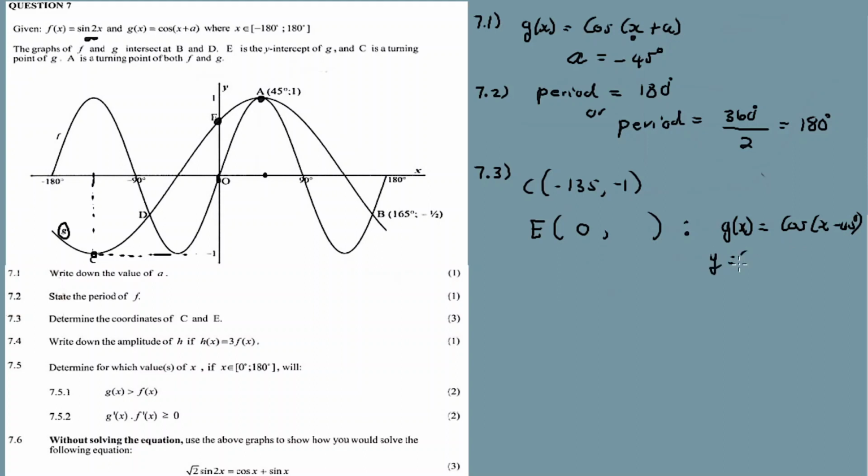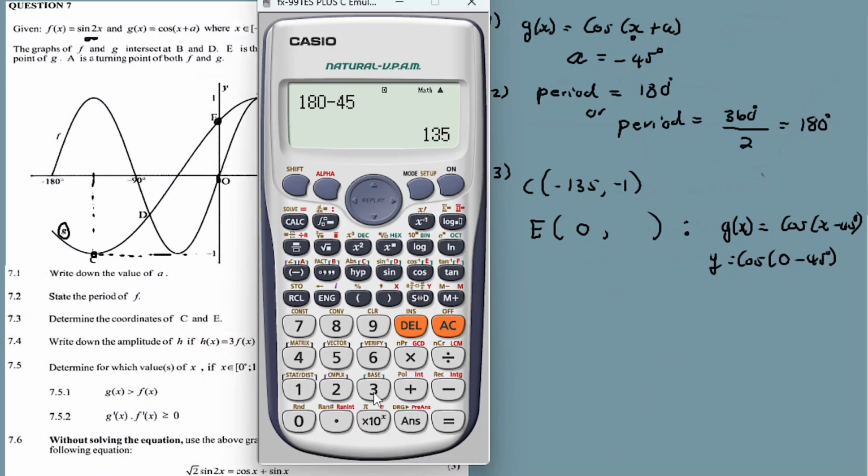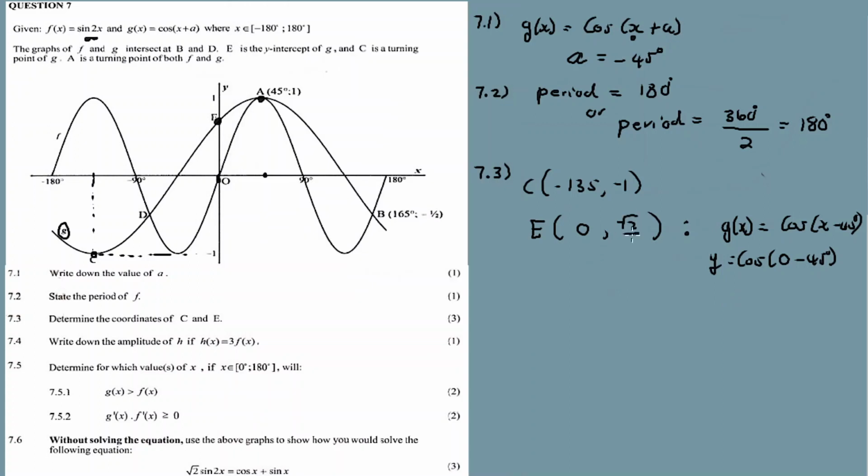So y is equal to cos of 0 degrees minus 45 degrees. Cos 0 minus 45 is square root 2 over 2. So it's square root 2 over 2 here. This is our answer now.